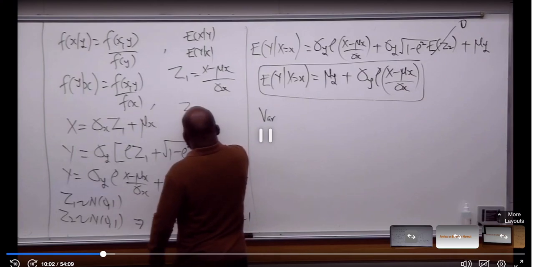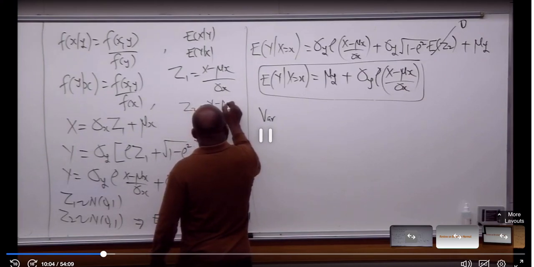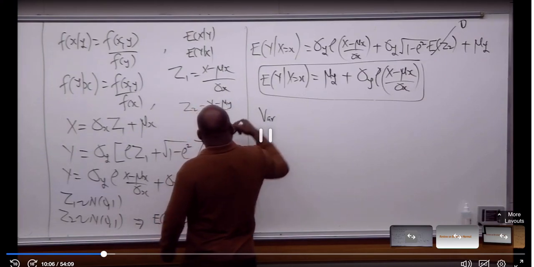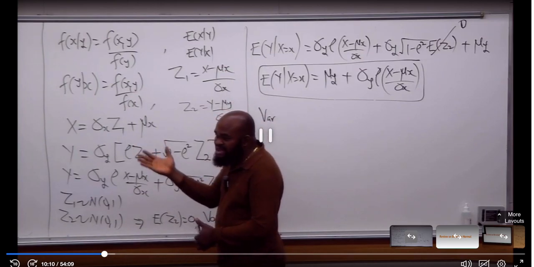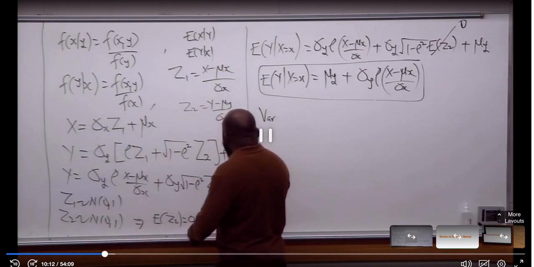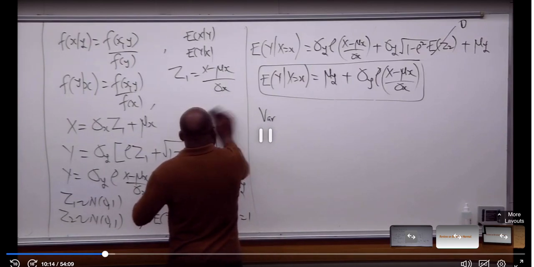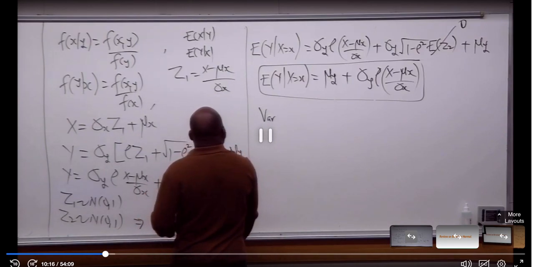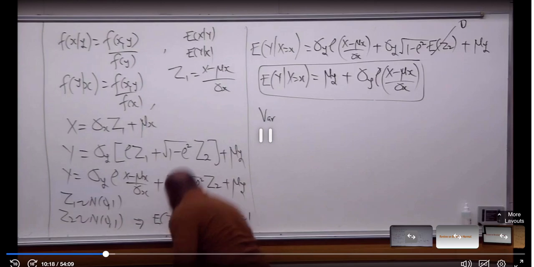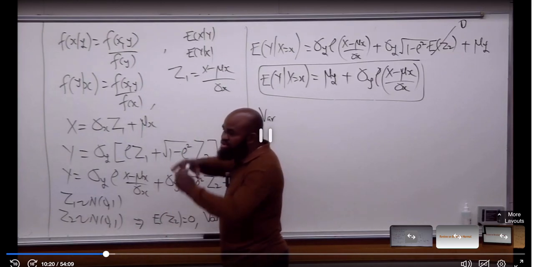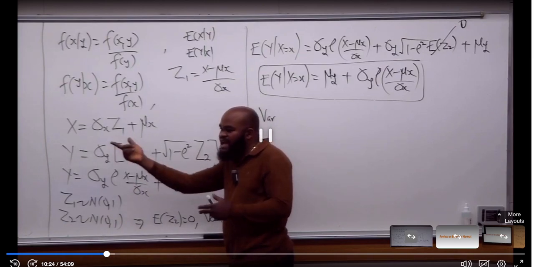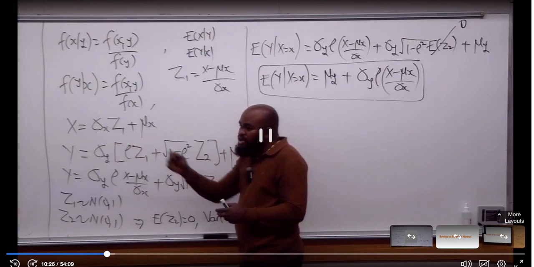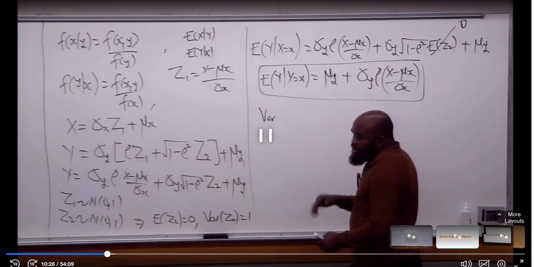Z2 is only going to be this if we assume y is not related to x. But right now, based on what you just talked about, Z2 is going to be written in a way that has a connection with x. Does that make sense? Okay, go ahead.